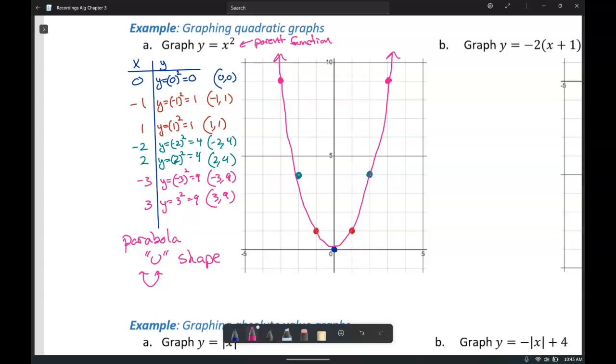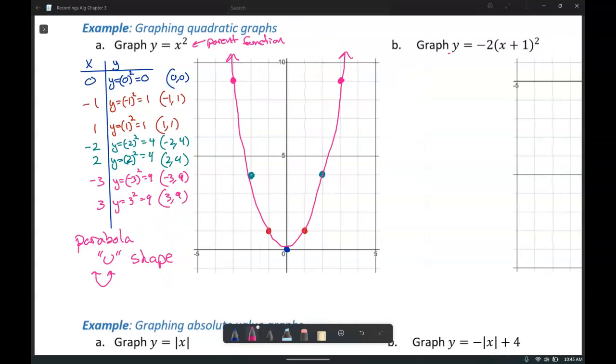So whenever we are graphing an equation that has this x squared feature, we know it's going to be a U shape, but what we have to do is make sure that we find enough ordered pairs to find the U shape, which means we're generally going to need between 3 and 5 points.